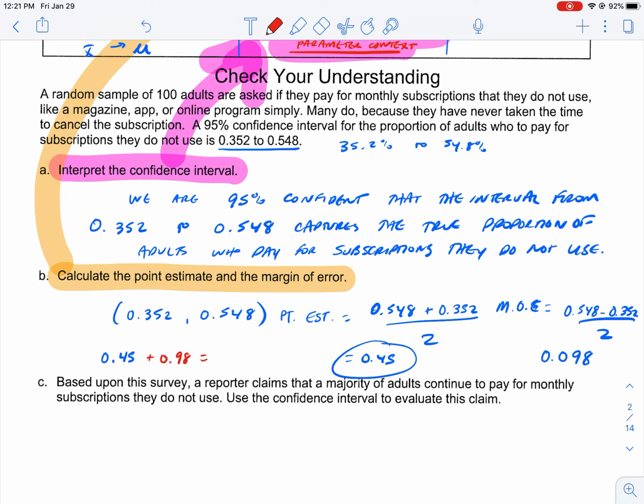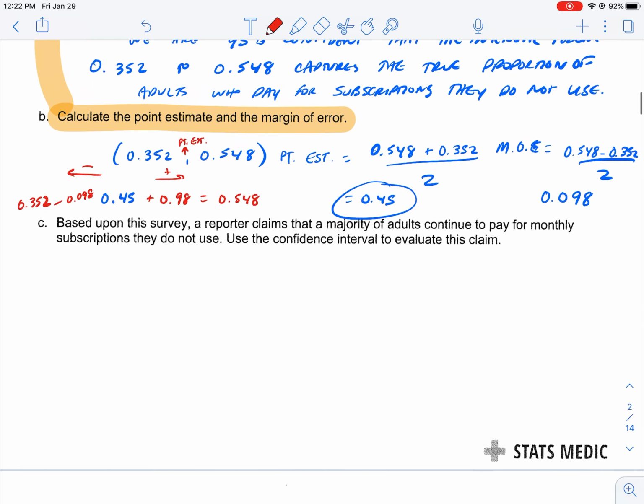Plus 0.098 would equal 0.548, and minus, so 0.45 minus 0.098 would give me 0.352. So you subtract it to go down, and you add it to go up, and that gives you your interval. So halfway in between here is our point estimate.